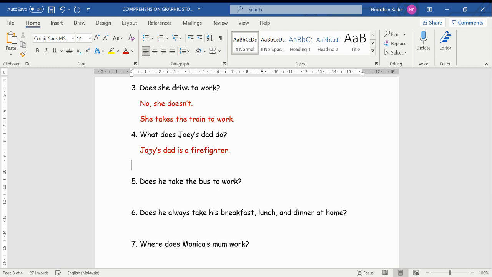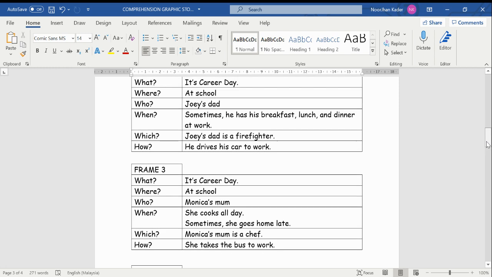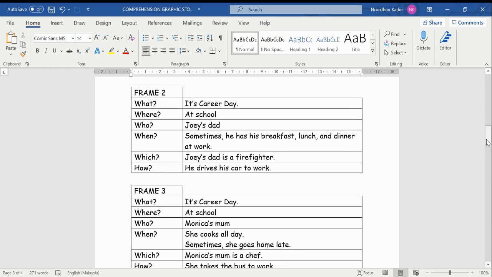It's not enough, because you also have to explain what he does. Because the question asks you, what does Joey's dad do? If the question asks you, what is Joey's dad's occupation, then it's enough to just write Joey's dad is a firefighter. But since it asks what does Joey's dad do, you have to explain further. So Joey's dad is a firefighter.